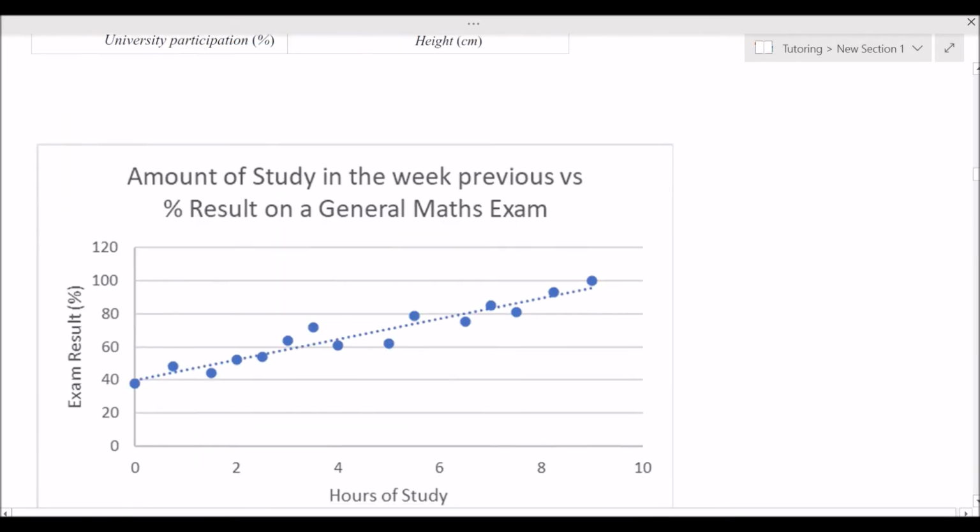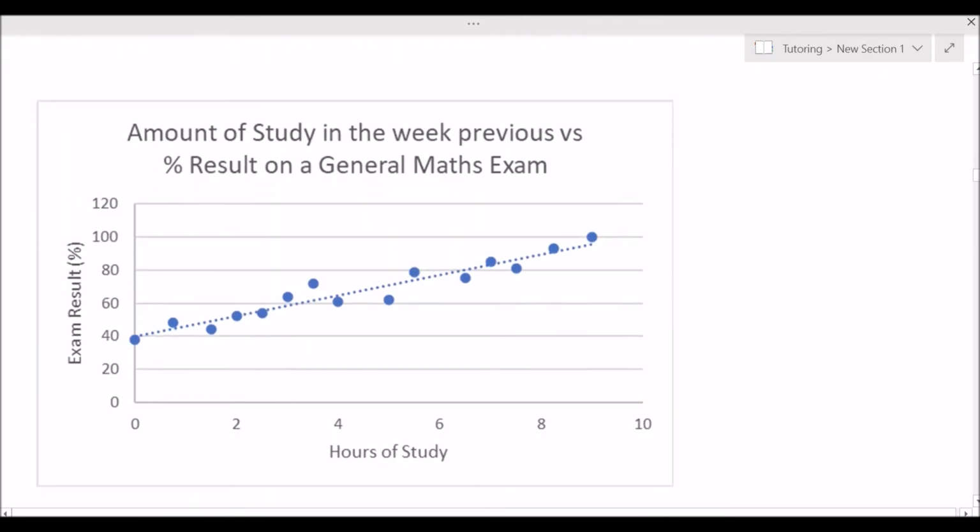Okay, so let's have a look at the scatter plot that we drew. And I want you to tell me, describe the relationship of the hours of study versus the result. Pause the video, write it down, and then I'll tell you the answer. Okay, so in terms of form, this one is linear. Excellent.